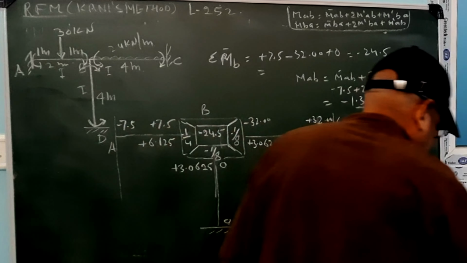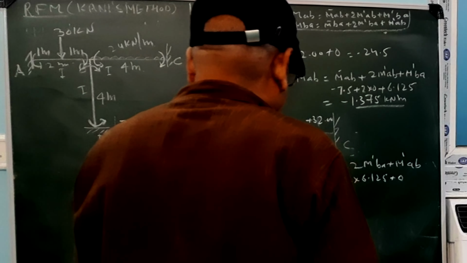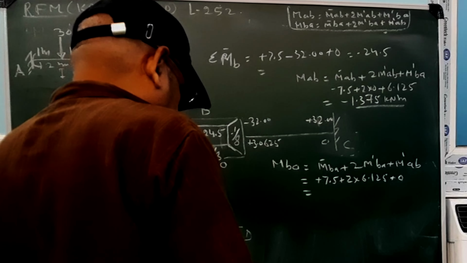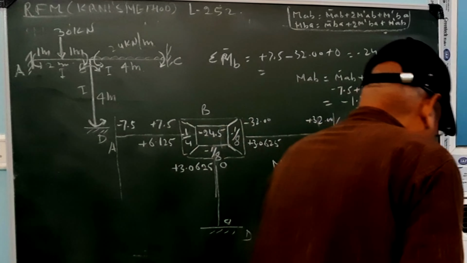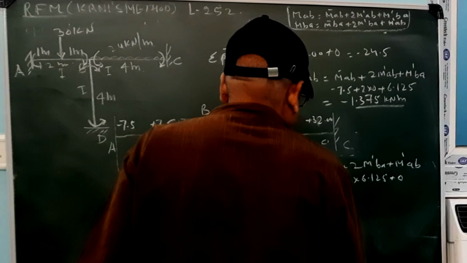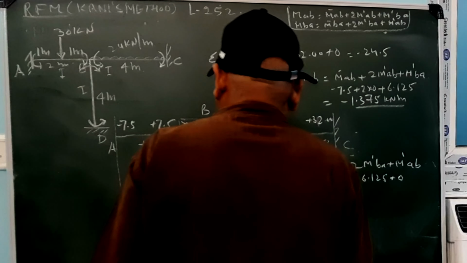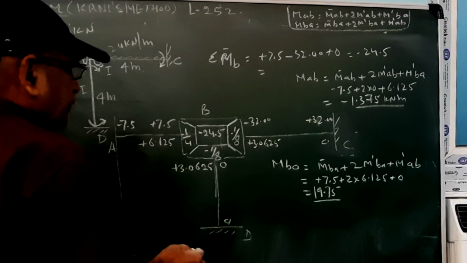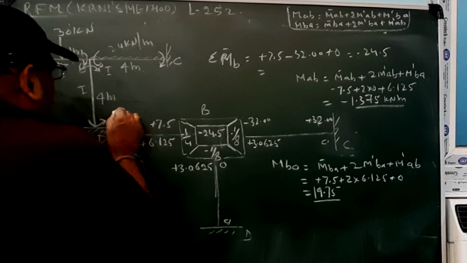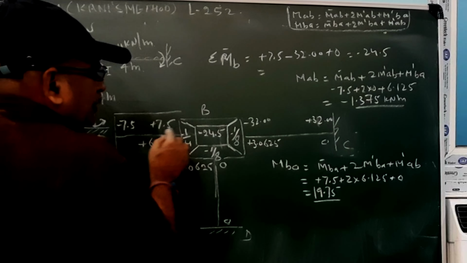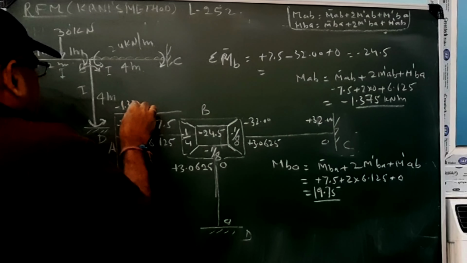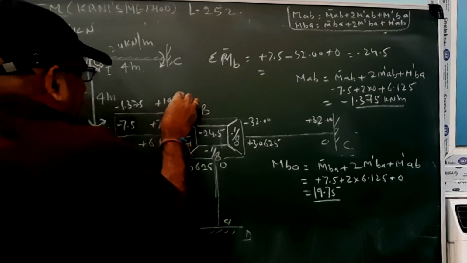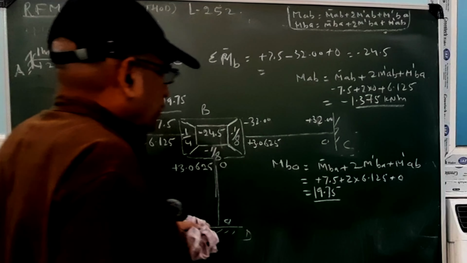That is 2 into 6.125 plus 7.5, which is 19.75. And what about this MBC? This is your final moment. You can say this is minus 1.375, and this is 19.75.